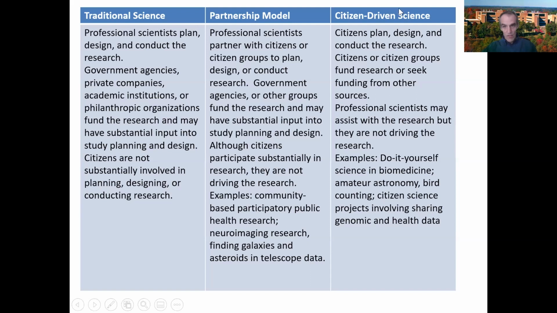Then on the other side, let's go to the middle here. In the middle, you start to have more involvement of citizens in research, but not completely fully in charge of the research yet. So professional scientists may partner with citizens to help plan, design, or conduct research.